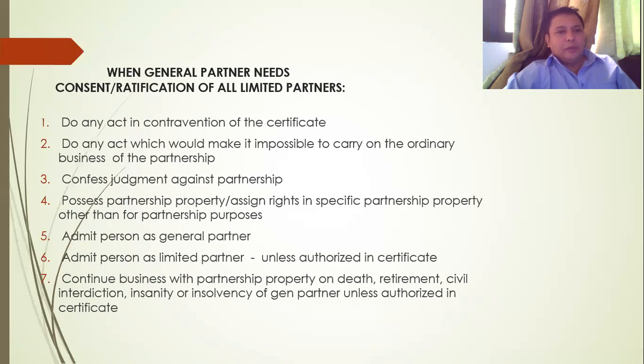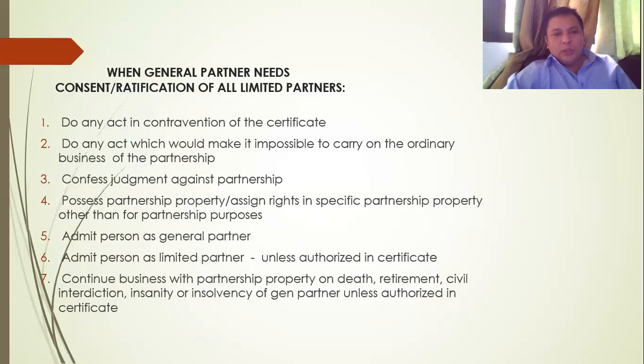If the general partner does any act in contravention of the certificate, meaning the agreement, the certificate means the articles of partnership, which contains the agreement among themselves. So if the general partner does any act which is in contravention, then it must be with the ratification or the consent of all the limited partners.